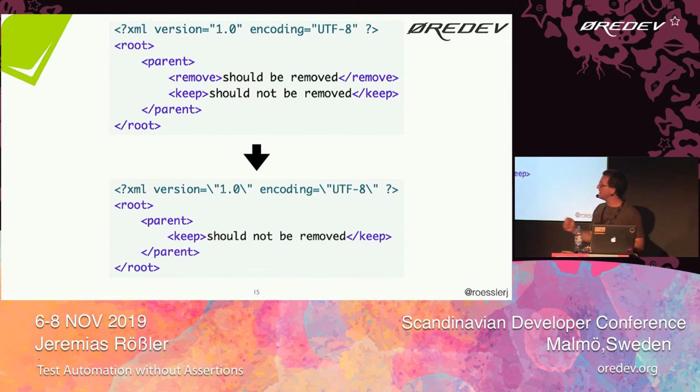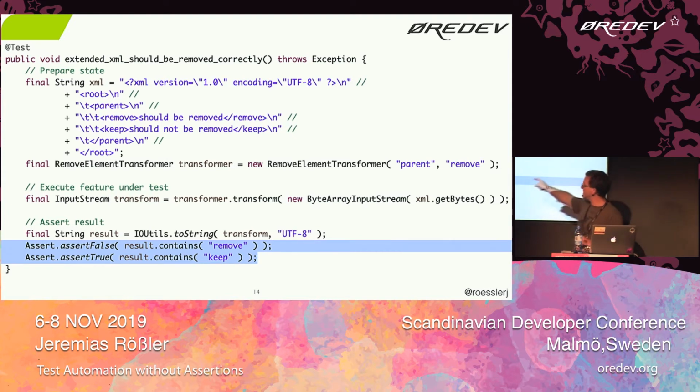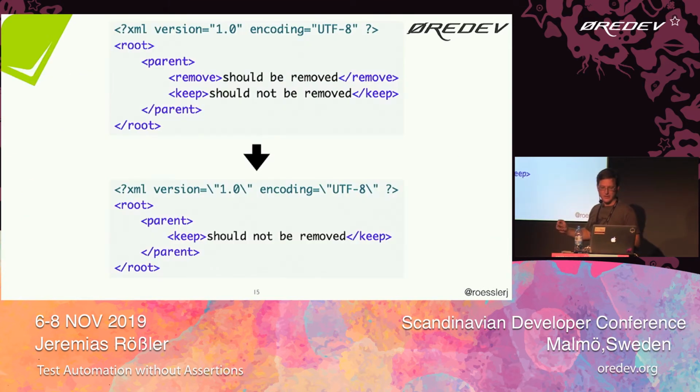The assert statement says the result should still contain the keep tag, but should have gotten rid of the remove tag. So again, this is what we want to see, right? The remove tag is removed and the keep tag is still there.